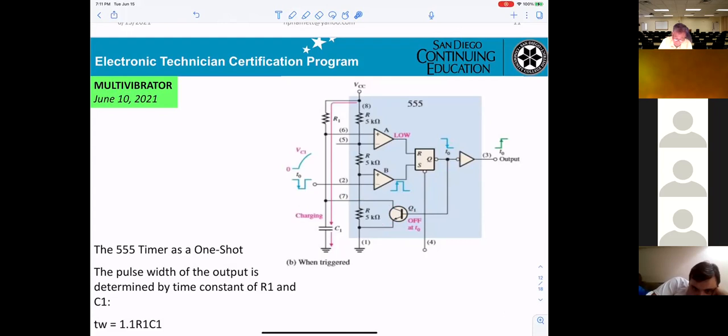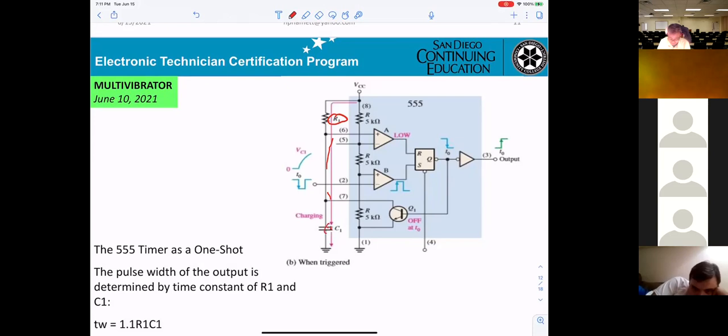If you're looking here, you can see the current flowing through R1 going down, charging the capacitor.